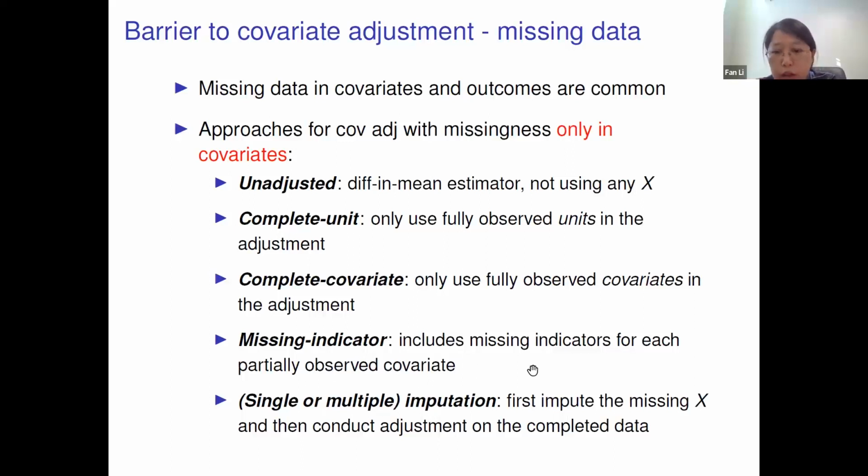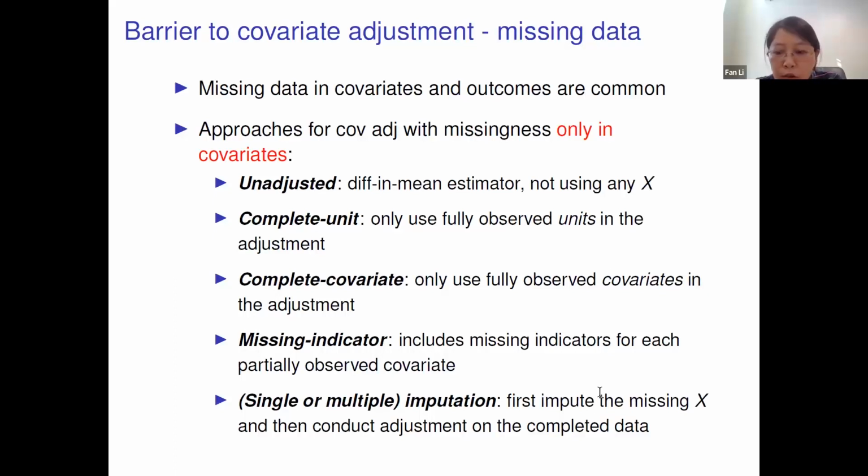Okay, let's first impute the missing X and then use your favorite software or whatever method, usually people use something like mice. First impute the missing X and then conduct the adjustment on the complete data. Again, if you have any questions, let me know, you can stop me at any time.